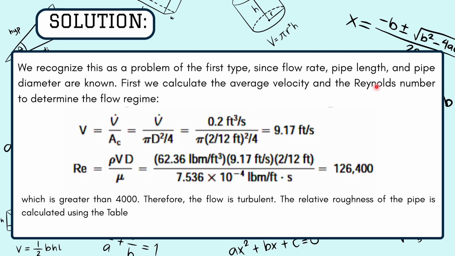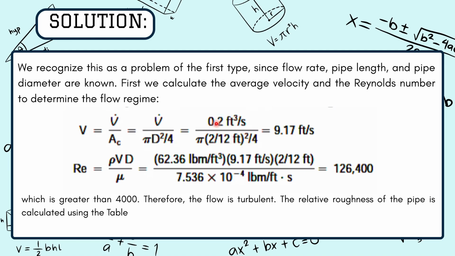First, we calculate the average velocity and the Reynolds number to determine the flow regime. To determine the average velocity, we use this formula, which is the volume flow rate over the area of the pipe, given to be 0.2 cubic feet per second, and the diameter of the pipe is 2 inches, which is divided by 12 to get the value in feet.